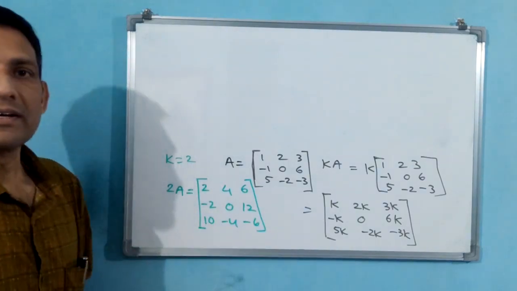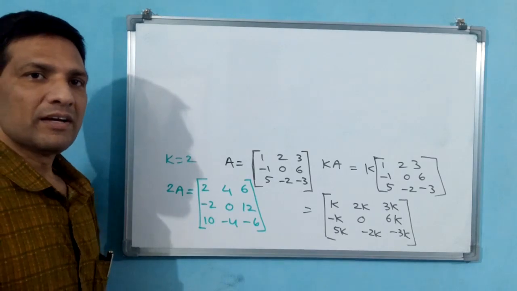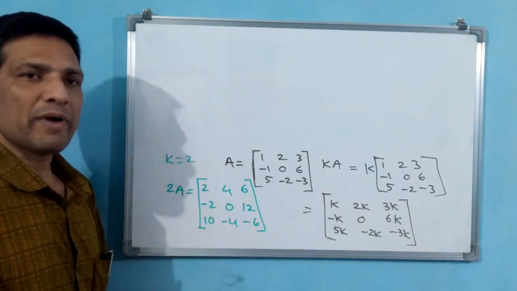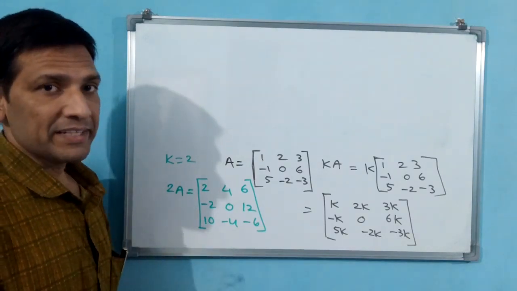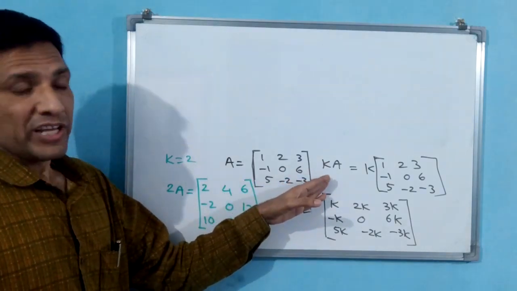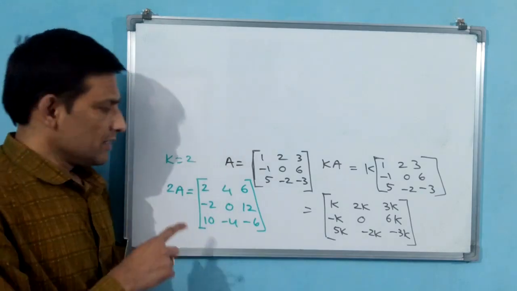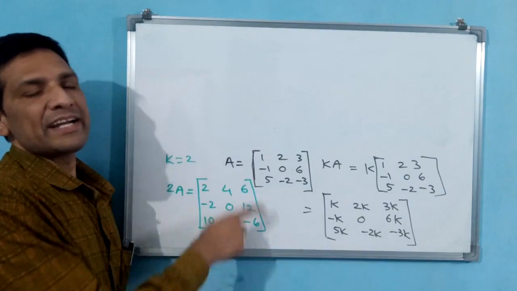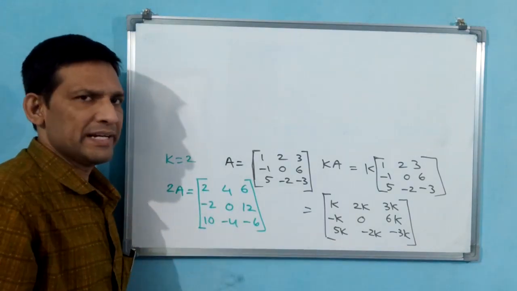This will be 2A. That means here scalar multiplication of a matrix is occurring: the multiplication of the scalar with each element inside the matrix. Have you seen? Each element has been multiplied.